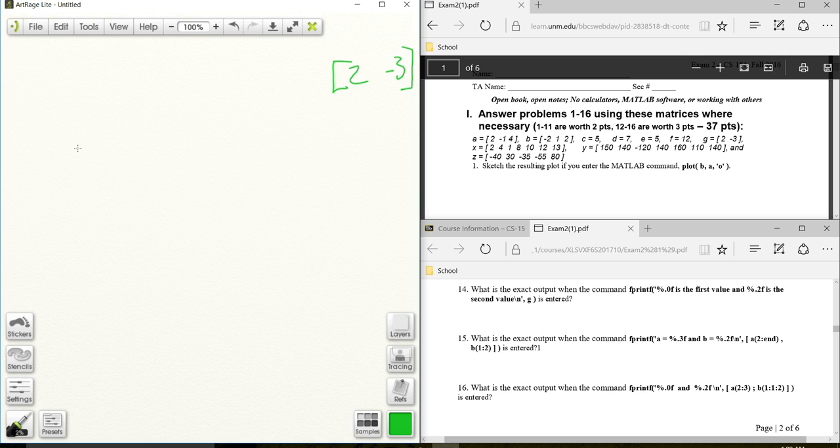So in problem 14, you have percent .0f, which means it's just going to be a 2 with no values after the decimal place. And then you're going to have the words is the first value, and then you have percent .2f, and that's going to be -3 with 2 places after the decimal. And then it's going to continue.